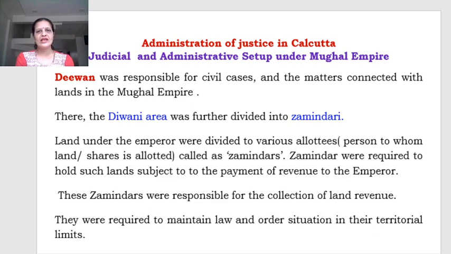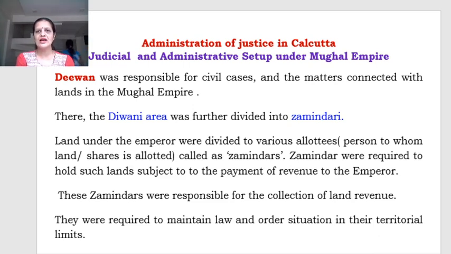There, the Diwani area was further divided into zamindaris. Land under the emperor was divided among various allottees. The allottees are the persons to whom land or shares are allotted, and the persons to whom the lands were allotted were called zamindars.